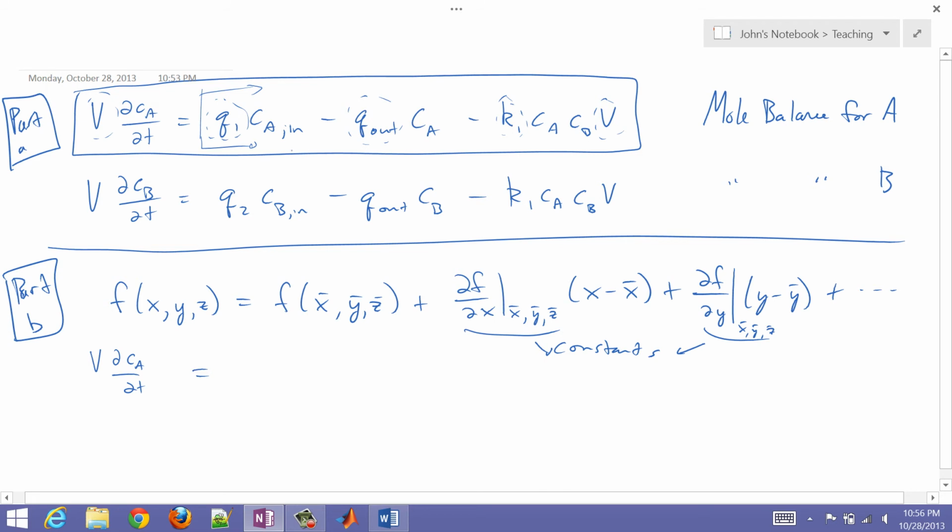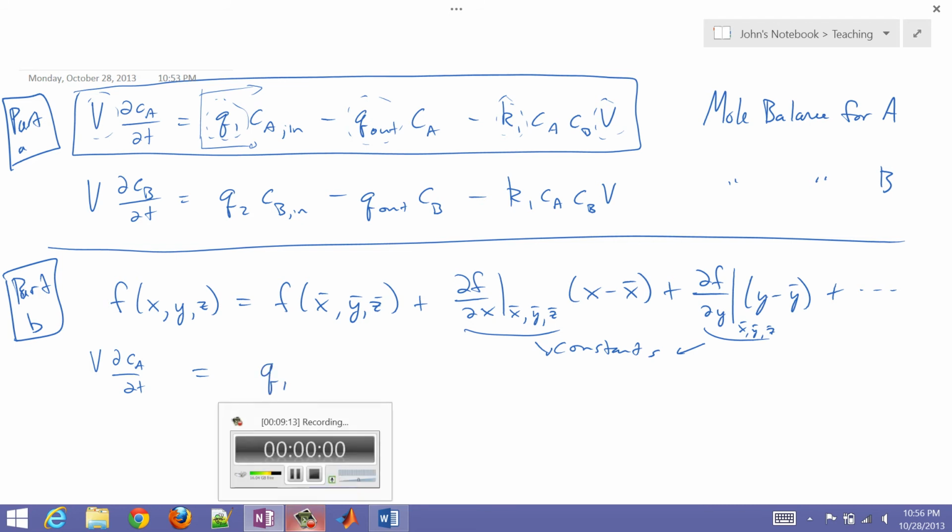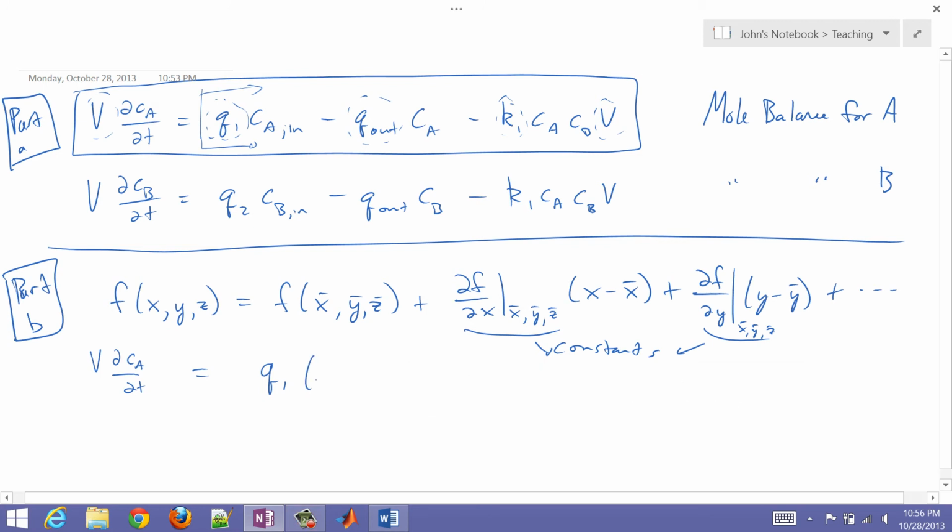Let me do it with CA in first. The derivative of this expression with respect to CA in is just Q1, and that's already a steady state condition. Now I multiply by CA in minus the nominal CA in.